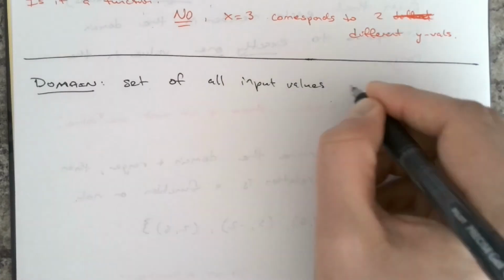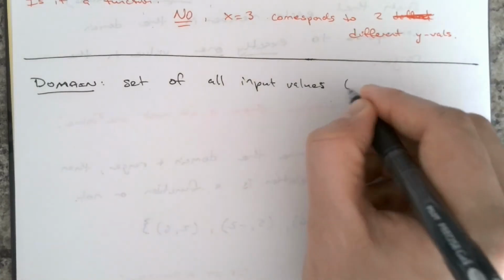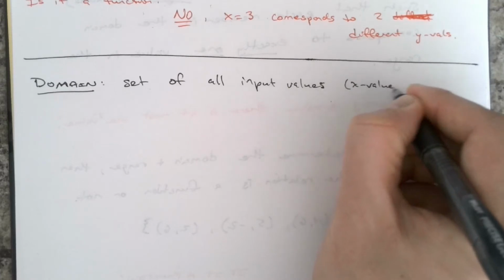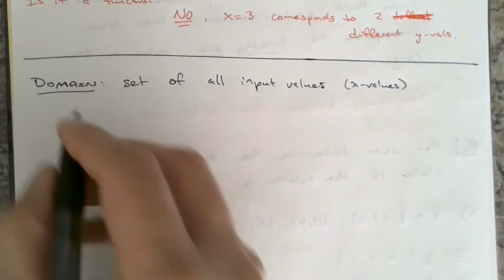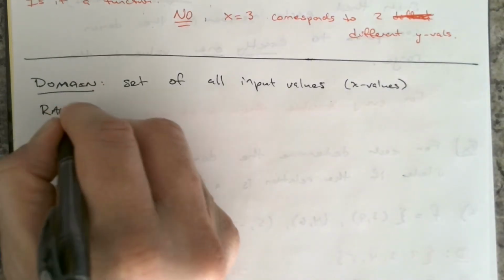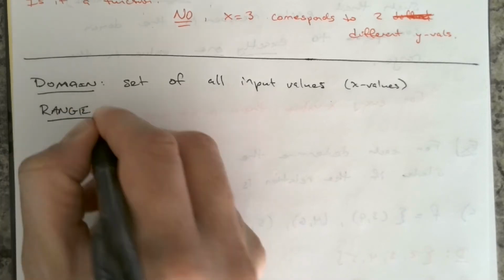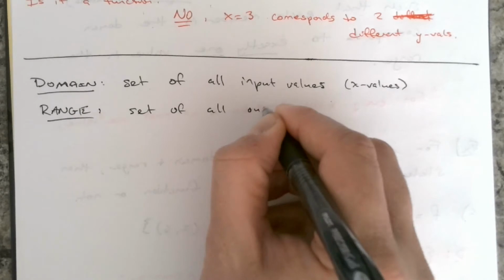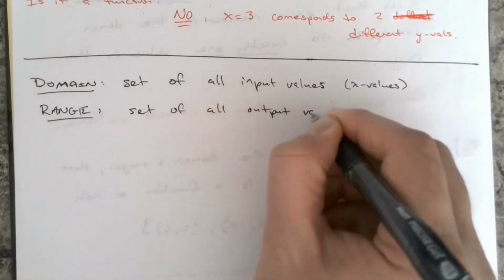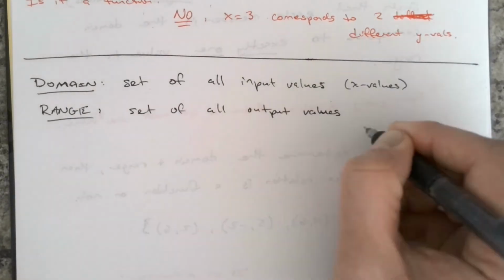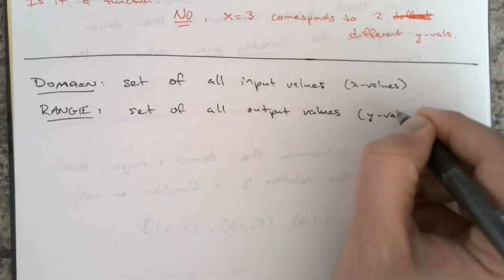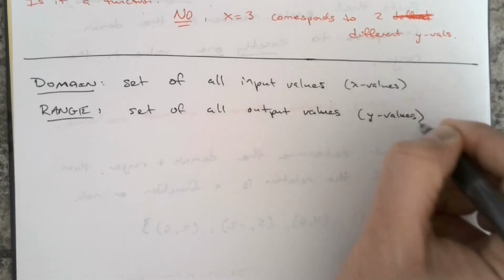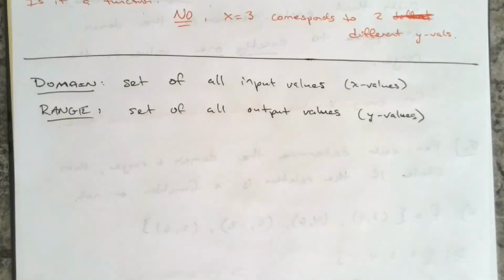When we say input values, most of the time, not always, these will be the x values. And when I talk about range, remember this is the set of all output values. And a lot of the time we call these y values. They won't always be y.